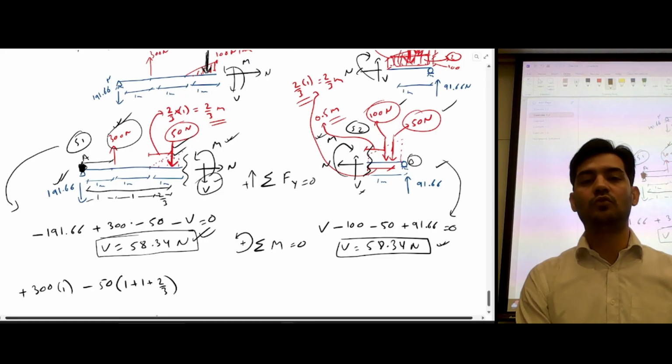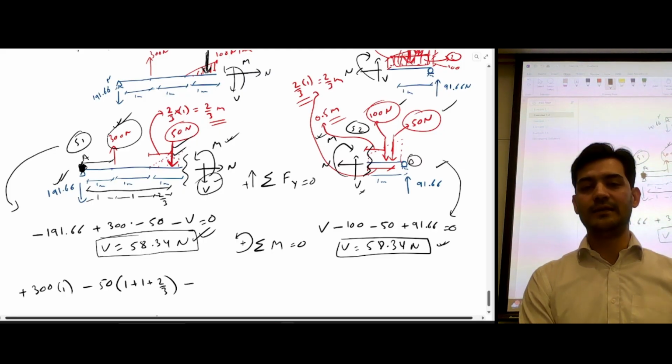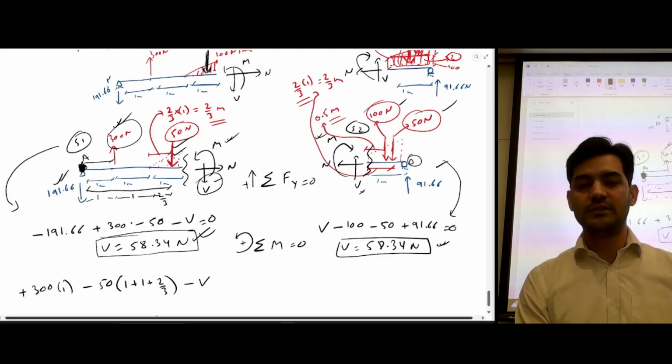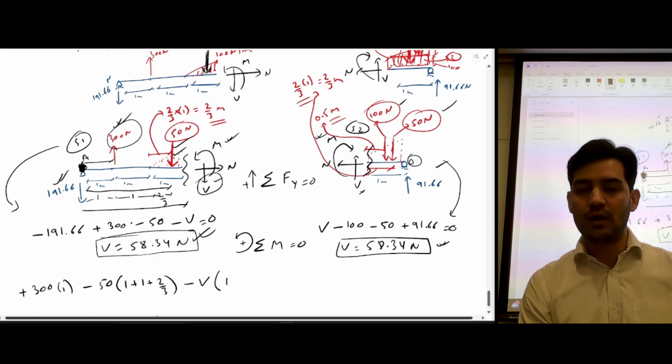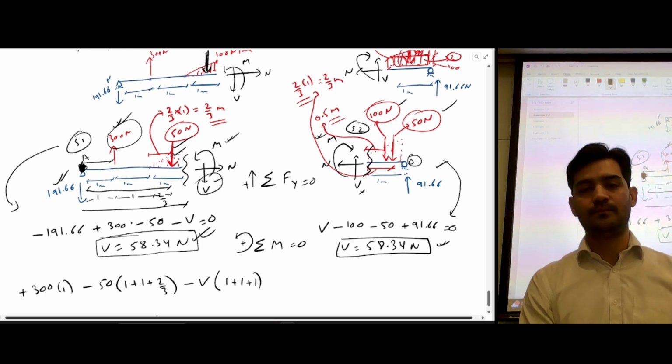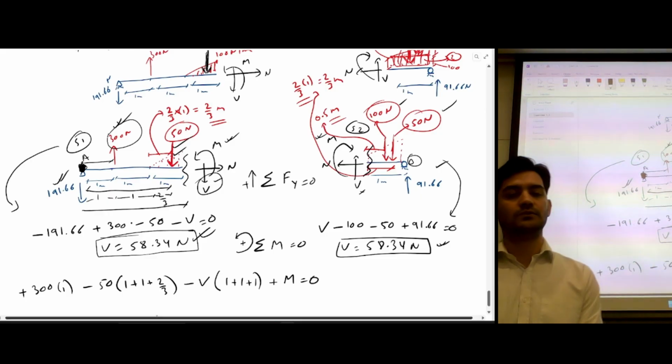Shear force is going to cause clockwise moment, so I'm going to put a negative sign. And the force is V, shear force, and the distance from point A to B is 1 plus 1 plus 1. And then you have a moment which is anti-clockwise, so I'm going to put positive M.